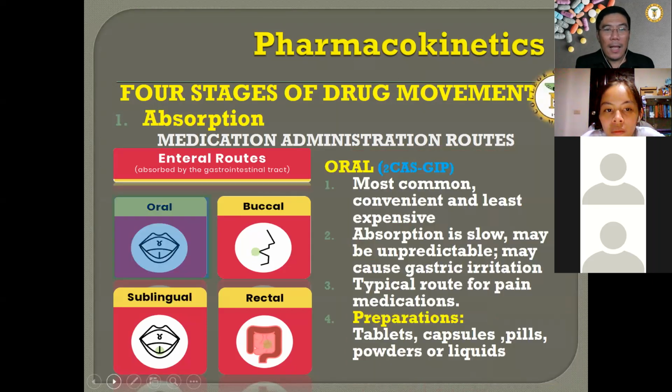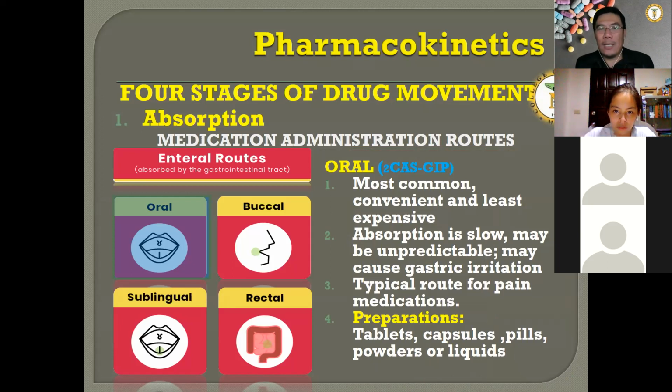Now, let us have a review of some concepts referring to enteral routes. So let's start with oral. If you will notice in my presentation, it has a blue parenthesis na term. This is just a guide, for you to be guided to easily remember concepts about oral medication administration routes rather. 2 CAS-GIP.